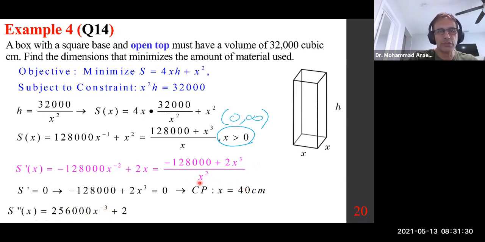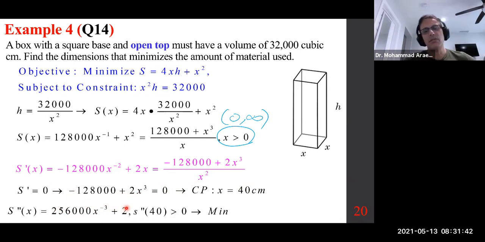Now you have to plug in 40. This is 256,000 over 40 cubed. You don't even have to evaluate it to know this is positive. Plus 2 makes it positive. Positive means concave up.